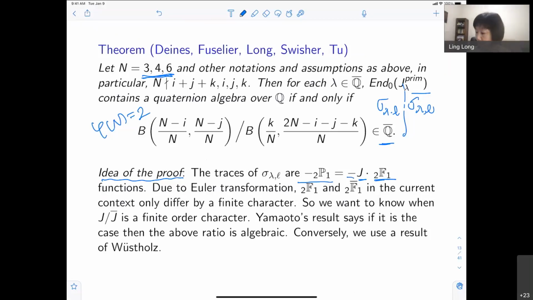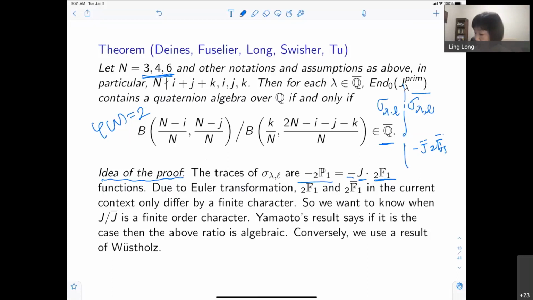On the other hand, I also have the same thing: I have a negative sign, I have J bar, I have 2F1 bar on the right-hand side as well. Now we're going to compare. The question essentially boils down to when they differ by a finite order character, which is the criterion that my paper with Winnie Li, Atkin, and Tong Liu gave.